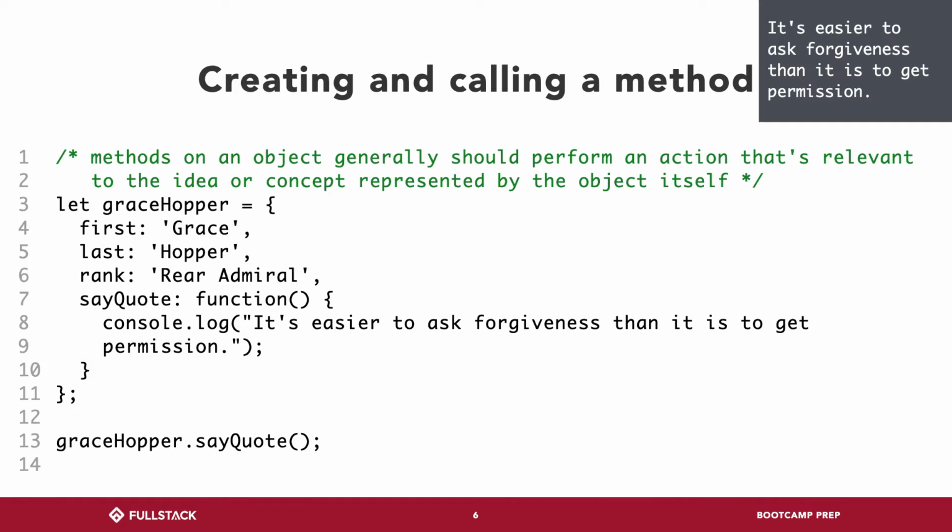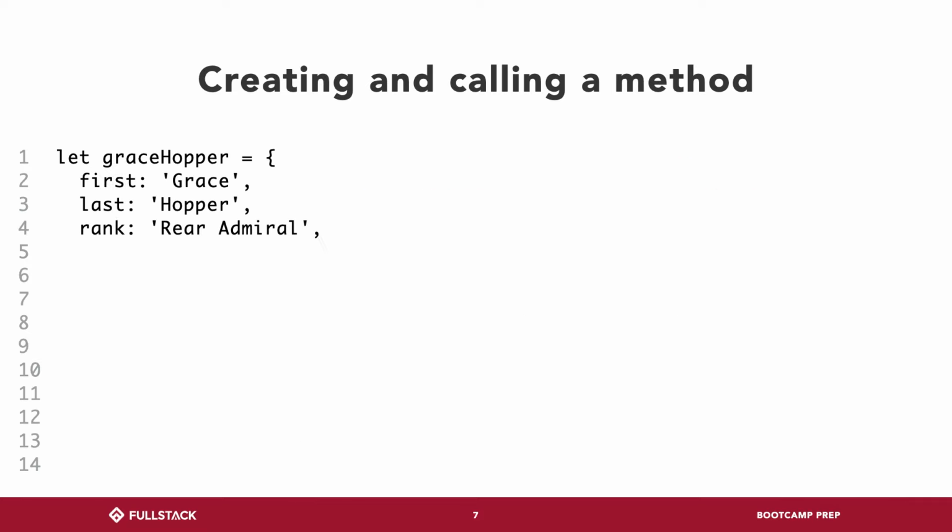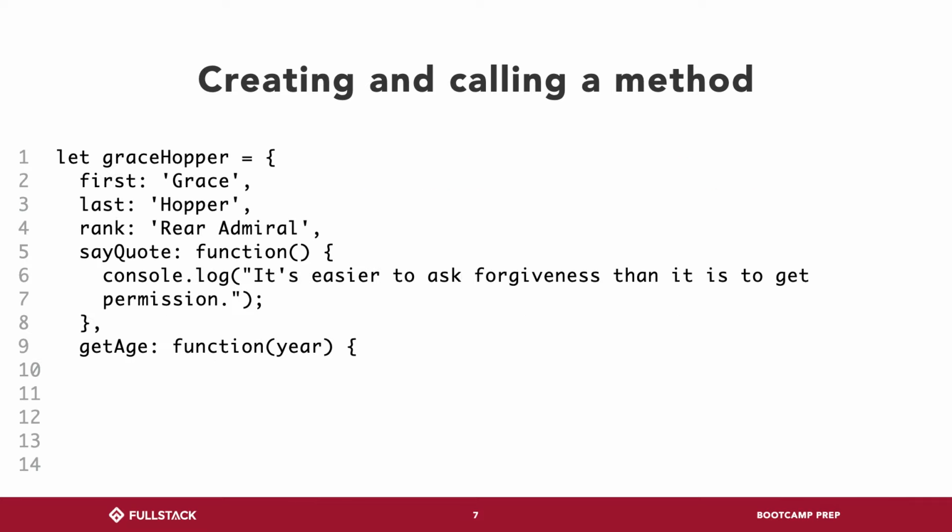Like if we console logged Grace Hopper and we saw that there was a key that was sayQuote. So we were like, cool, GraceHopper.sayQuote. It would be weird if it was just like, make America great again, right? That'd be really weird because Grace Hopper definitely didn't say that, you know? That's a quote from someone else.